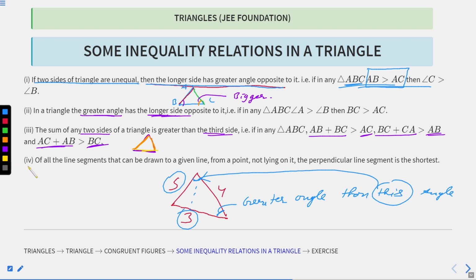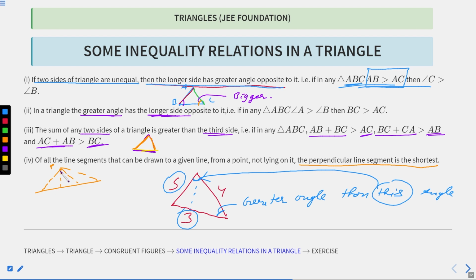The fourth point is, if you are given a line and you draw a line segment from a point P which is not on the line, then the perpendicular line segment is the shortest.